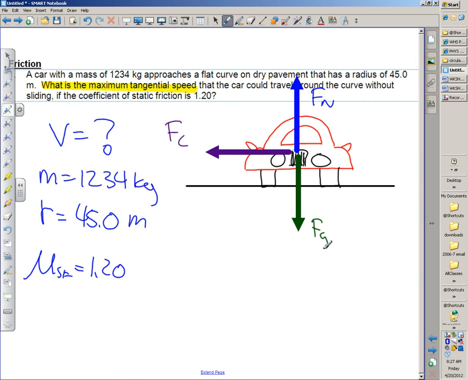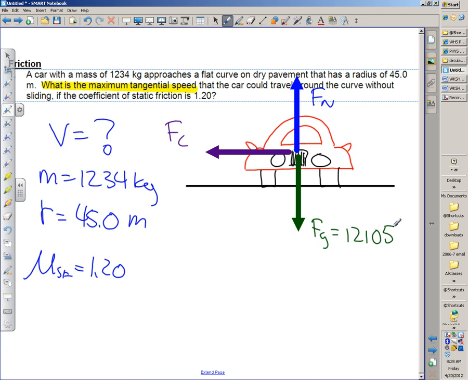Conceptually, we just talked about a couple of things. First, I hope by now we know how to calculate this, right? So let's do that real quick. Let's find out the force of gravity. Okay, we'll leave it like that.